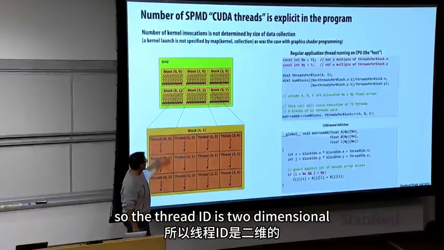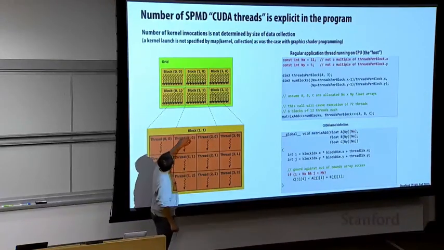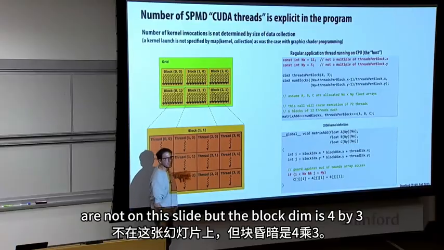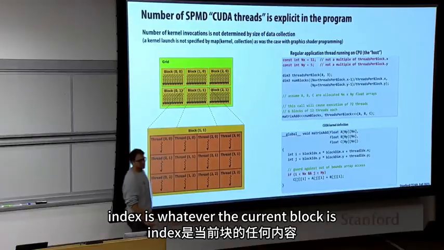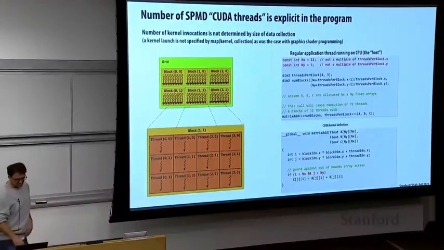So the thread ID is two-dimensional. Those are these numbers. The block dims are not on this slide, but the block dim is 4x3. And then the block index is whatever the current block is. So it's just a multi-dimensional addressing there.